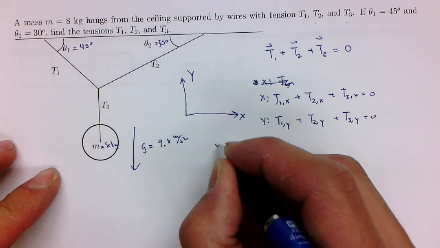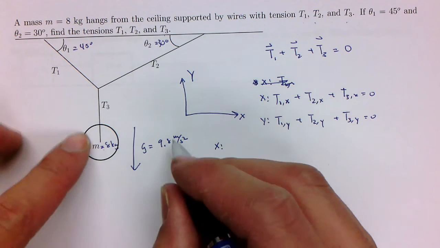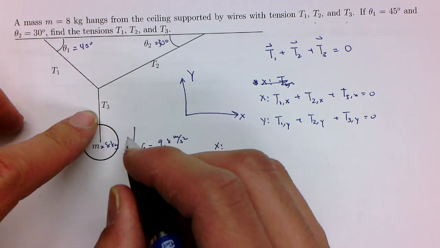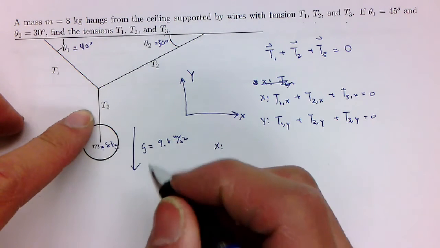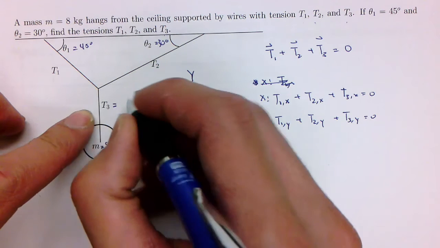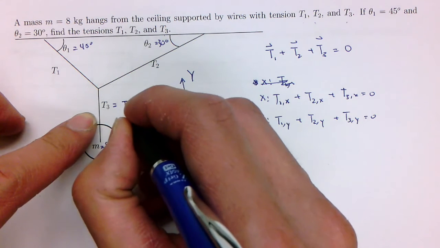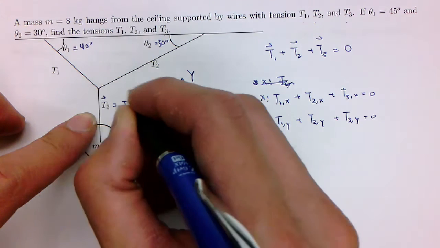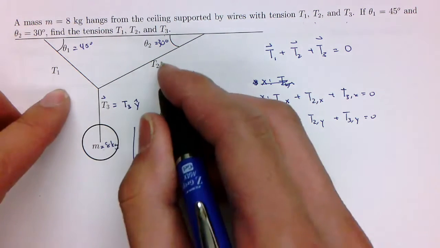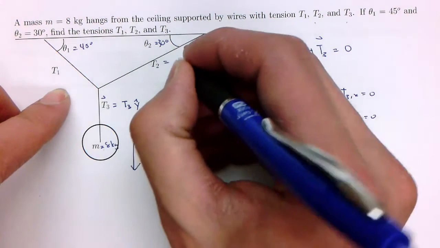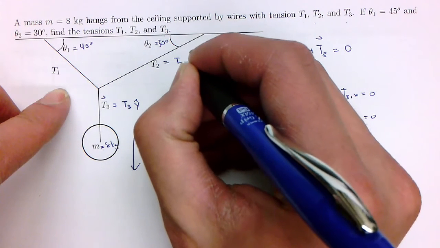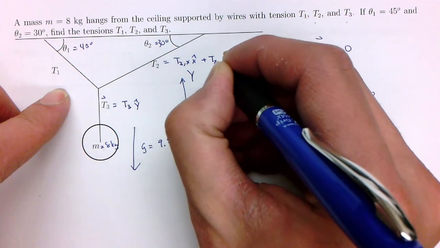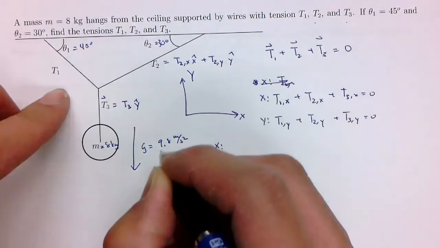In the x direction, we can see that T3 is pointing directly along the y-axis, since it's hanging. So in that case, T3 is equal to T3 in the y hat direction. Let's draw this as a vector. Now T2 is going to be equal to T2 of x in the x hat direction plus T2 of y in the y hat direction.